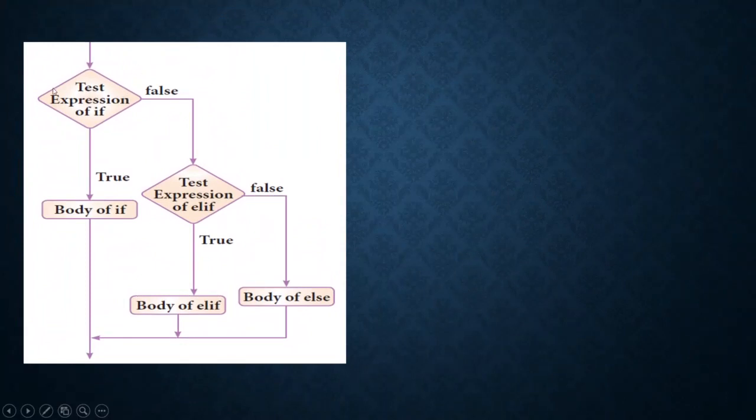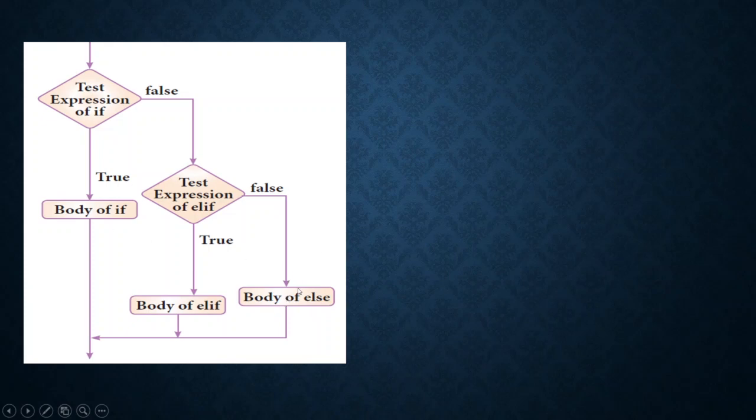We have a test condition. If it is true, the body of the if statement will be executed. If it is false, the test expression of elif will be checked and the body of the elif will be executed. If the test expression of elif is also false, the body of else will be executed.